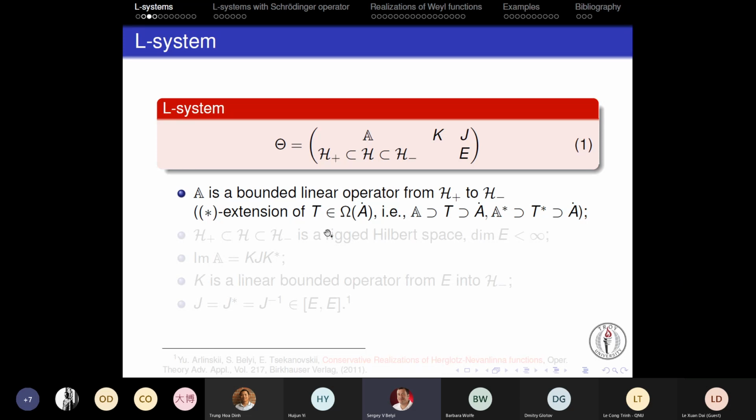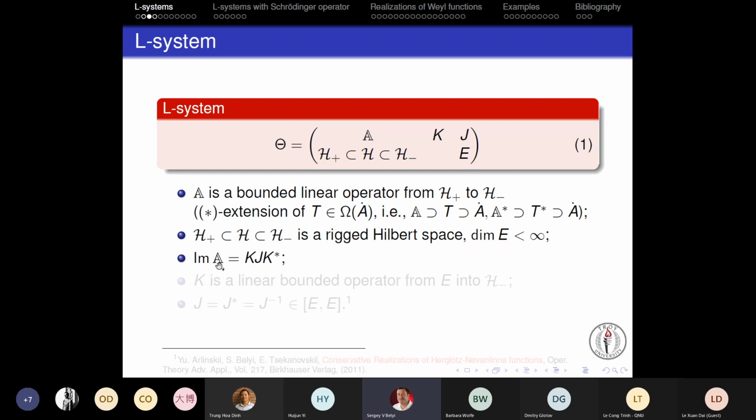To give a short explanation, unbounded operators are really unpleasant to work with. And in order to work with them meaningfully, the notion of star extension has been created. So the operator bold A is a star extension, and it's a bounded operator acting from H plus to H minus in the rigged Hilbert space.